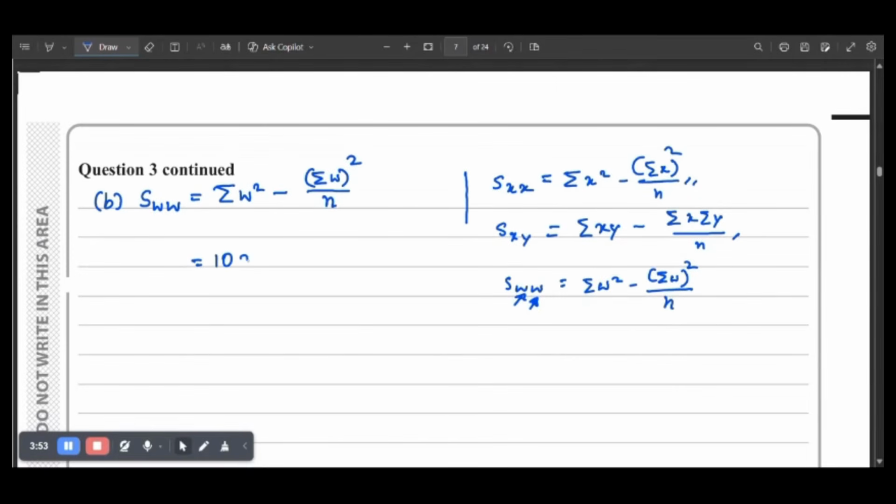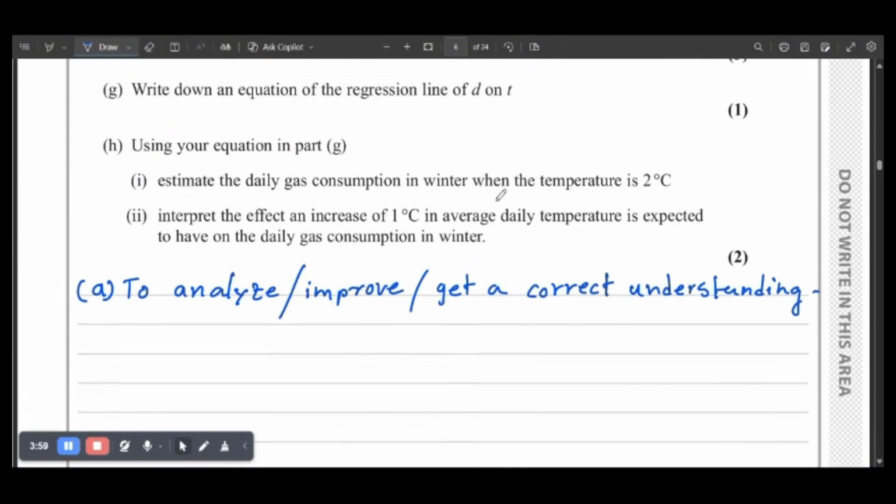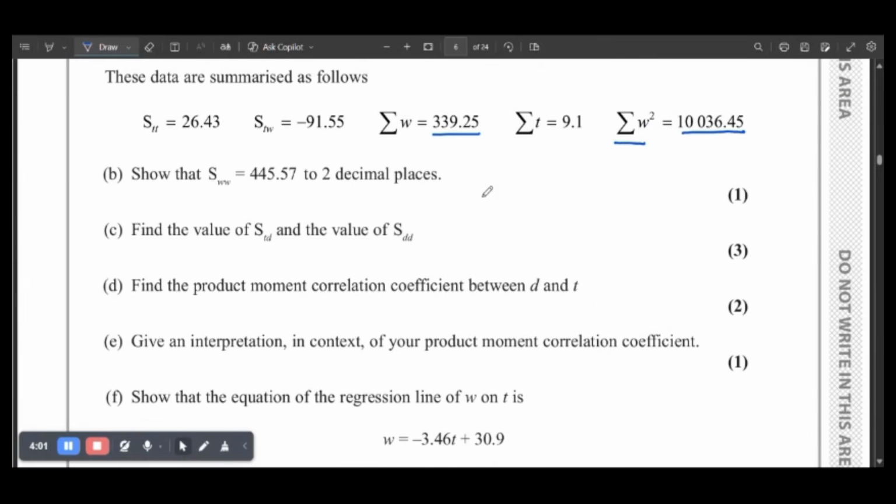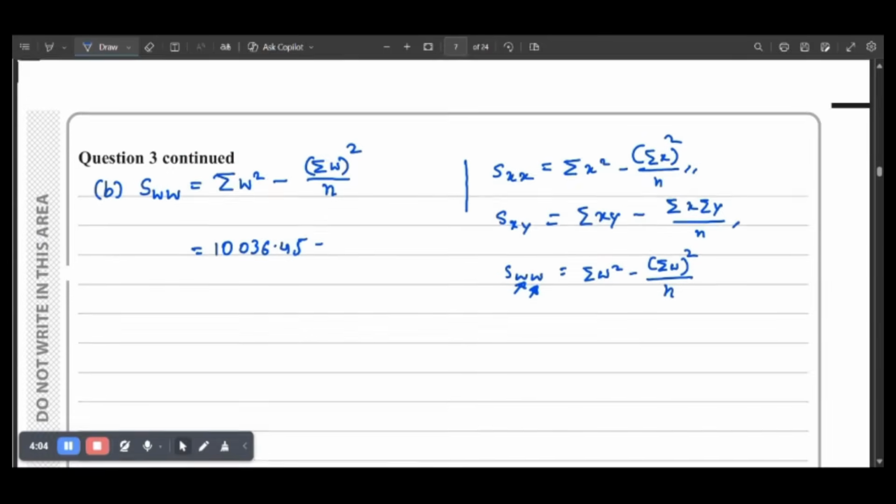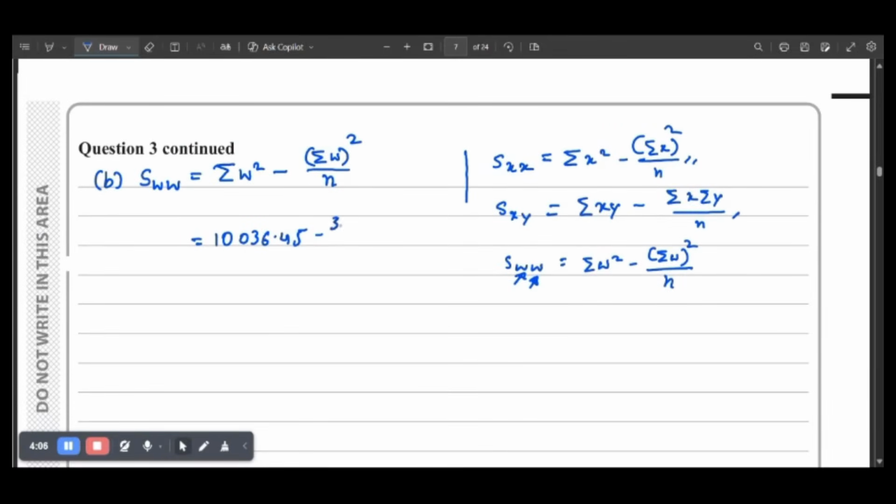So it is 10,036.45 minus the sum of w, which is 339.25, 339.25 whole square divided by 12.